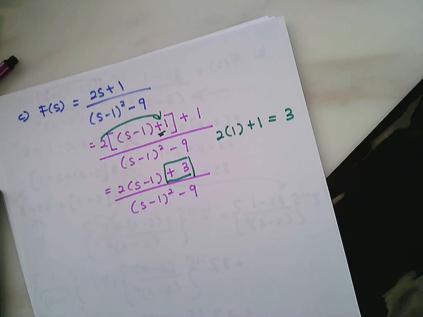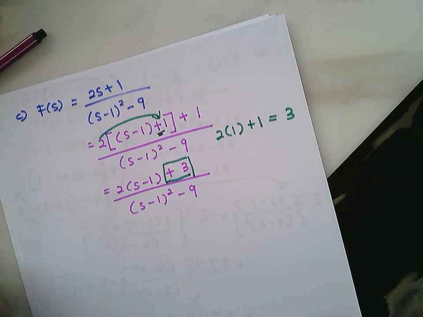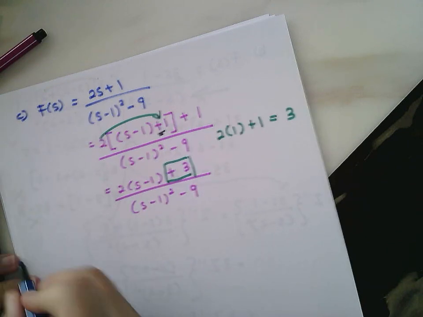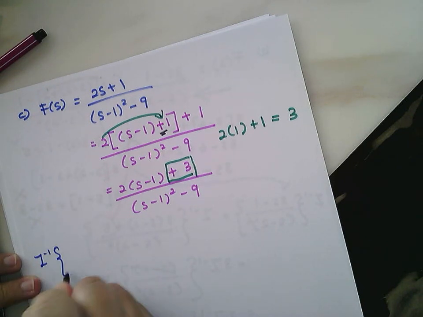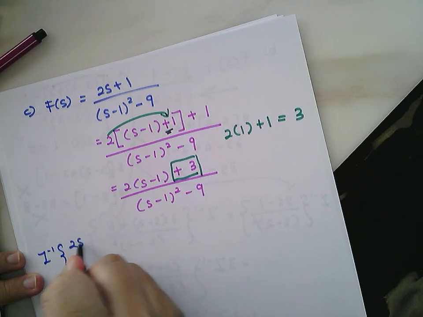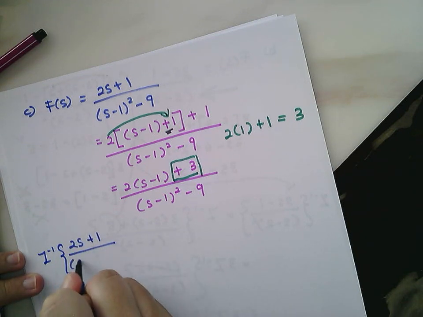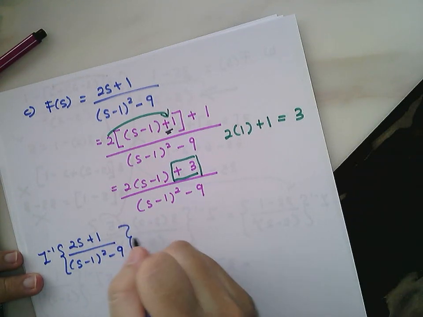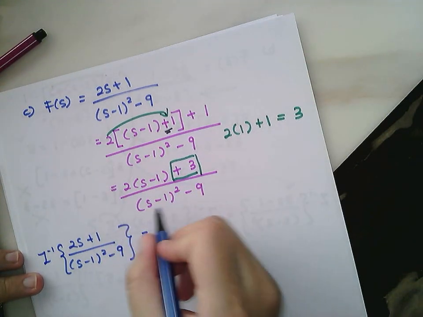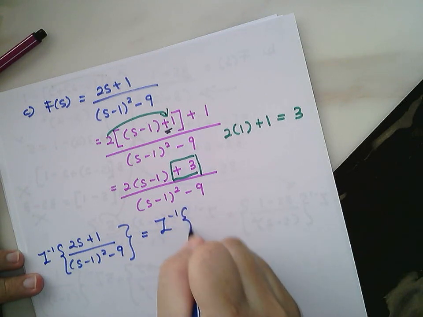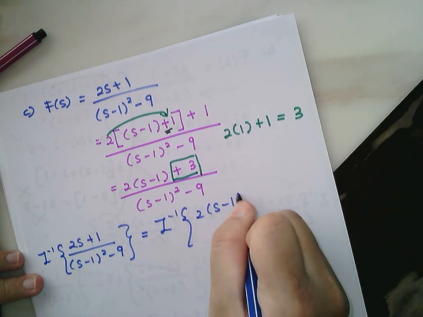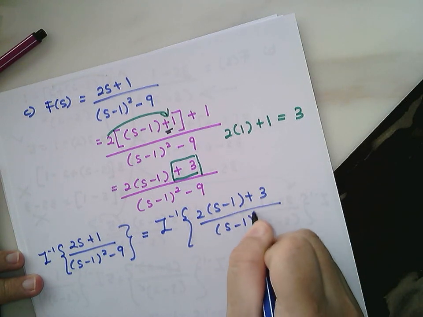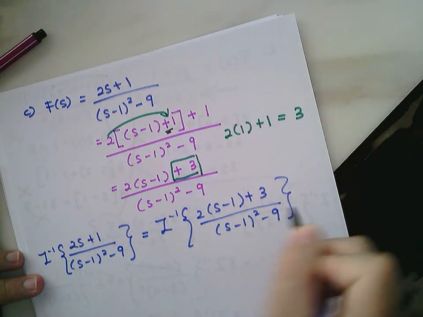Since this is plus, you need to apply linearity properties. Therefore, the inverse of 2s plus 1 over s minus 1 squared minus 9 is equal to the inverse of 2 times s minus 1 plus 3 over s minus 1 squared minus 9.